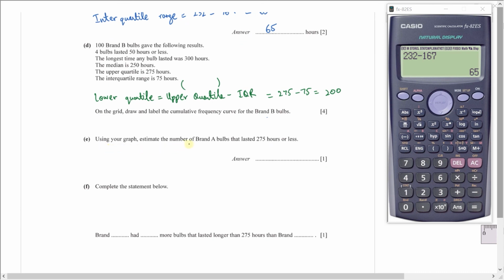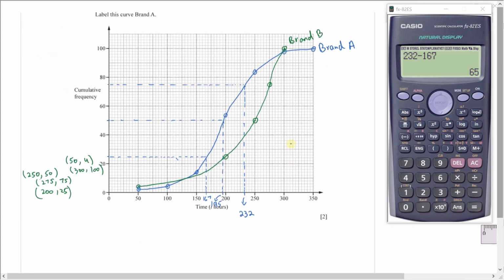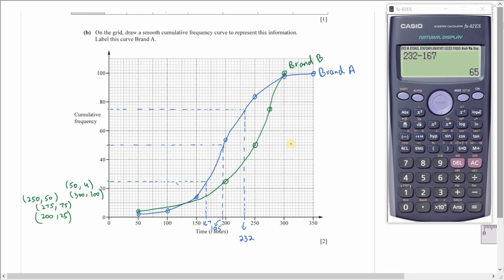Use your graph to estimate the number of brand A bulbs that lasted 275 hours or less. So that means we have to look at your brand A graph, which is this blue line. And for 275 will be this. So we need to find the cumulative frequency value when on the x-axis your value is 275 hours, because we are looking for the number of bulbs that lasted 275 hours or less.